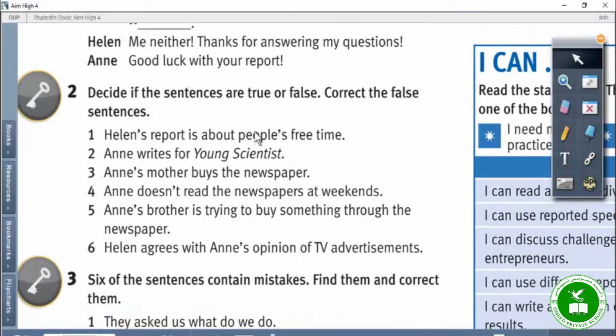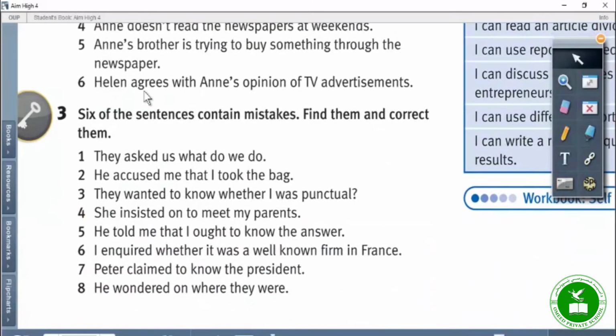It is false. And let's find another example. Number 5, for example. Anne's brother is trying to buy something through the newspaper. Is he trying to buy something through the newspaper? Yeah, that was mentioned here. Yes, so it is true. We can say number 5 is true. Others are your homework.